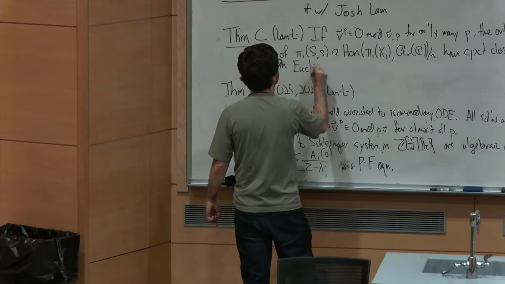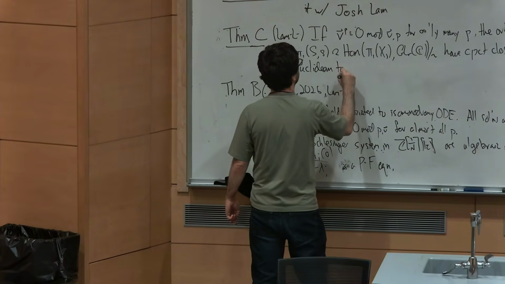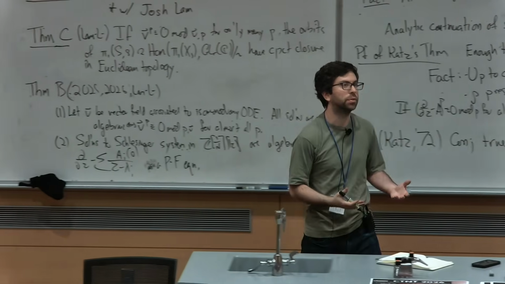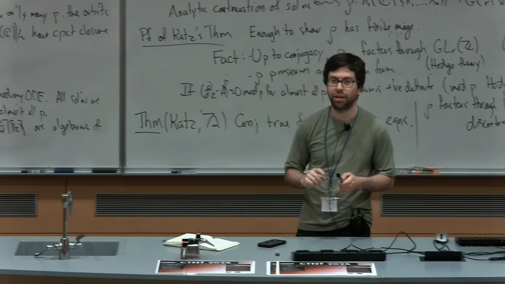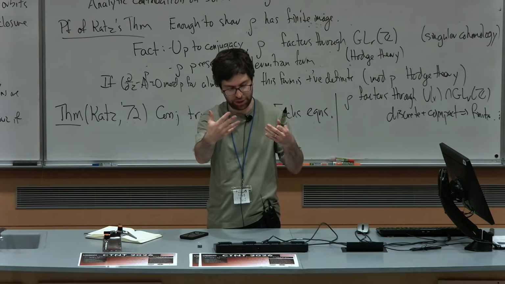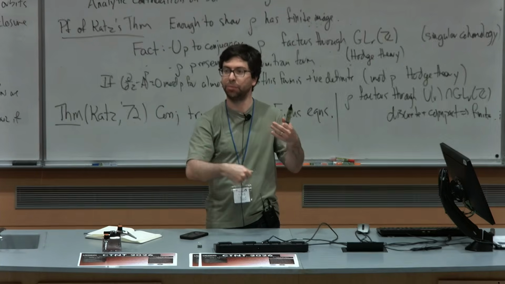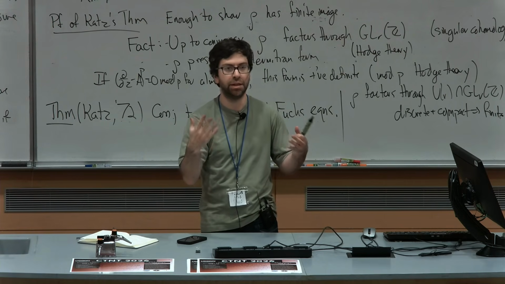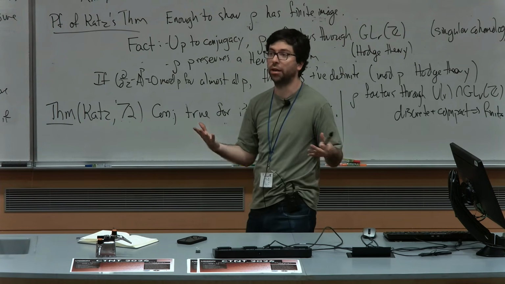This is part of what being unitary means. If you have a unitary representation, a group acting on a vector space, the closure of the orbit of any point in the Euclidean topology on that vector space is compact, because it's in a level set for your positive definite inner product.